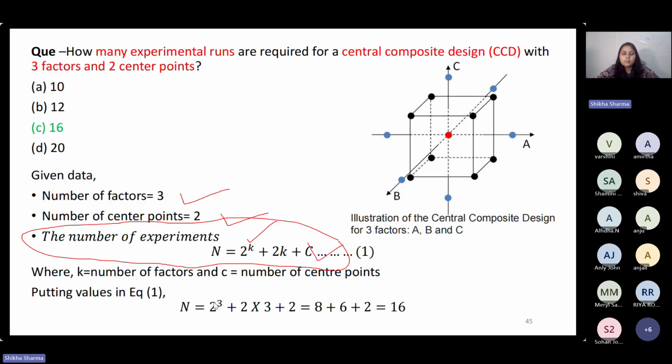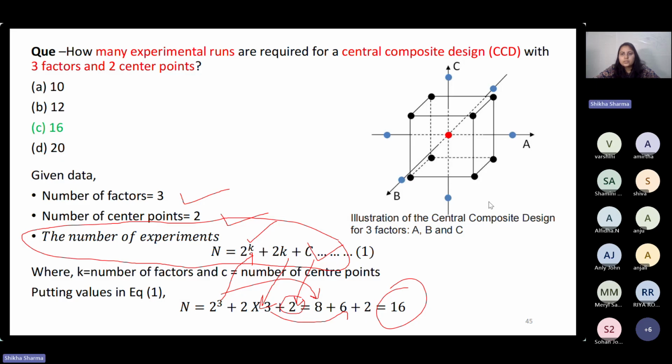So 2 to the power 3 is 8, 2 into 3 is 6, and plus 2. Overall it is 16.